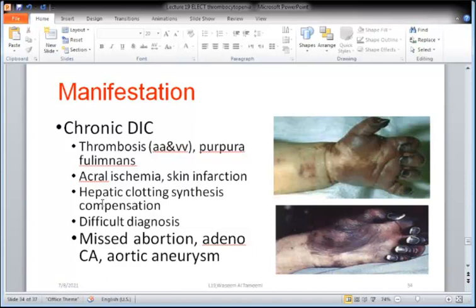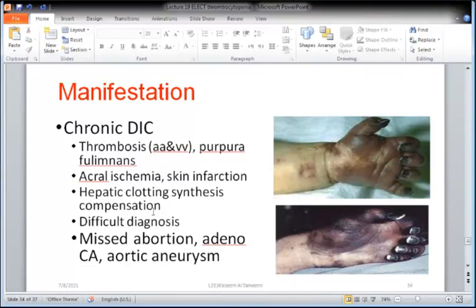This is induced by active hepatic clotting factor synthesis. It means that thrombosis is a slow process and there is enough time for the liver to generate new coagulation factors. Therefore, thrombosis is much more than bleeding in the presentation.